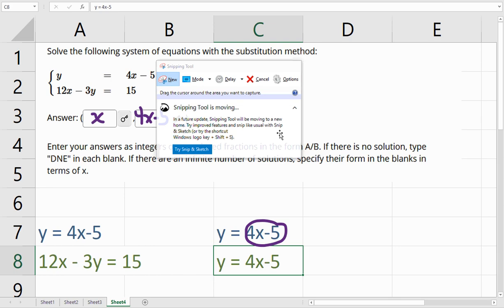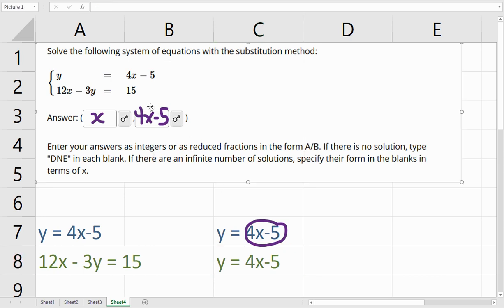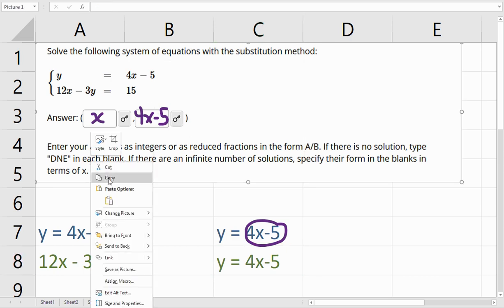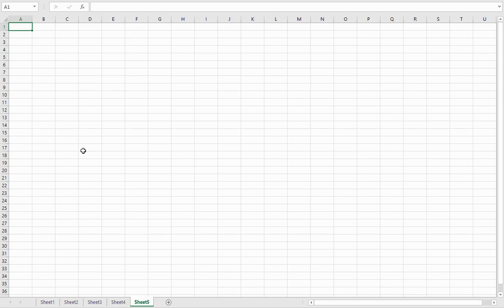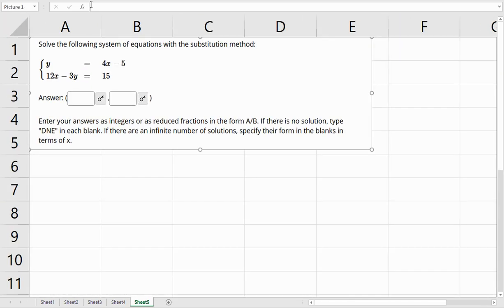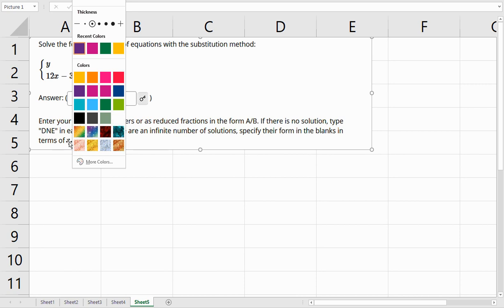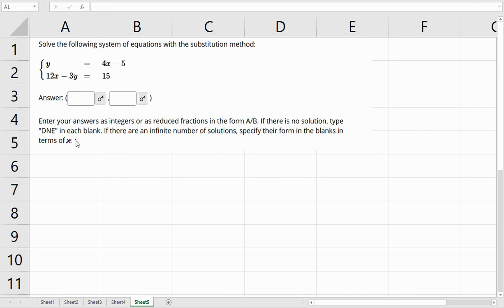Do I need to really start over? So yeah, probably for the best. So I'm going to just do that over here, and I'm just going to change this to say, what if it said, instead of in terms of x, what if it said in terms of y?